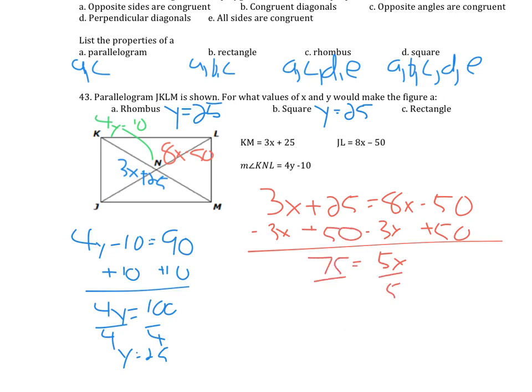Divide by 5, and x equals 15. So for a square, our diagonals would be congruent, which means our x has to be 15. We also know that in a rectangle the diagonals are congruent as well. So for a rectangle, x would be 15 as well.